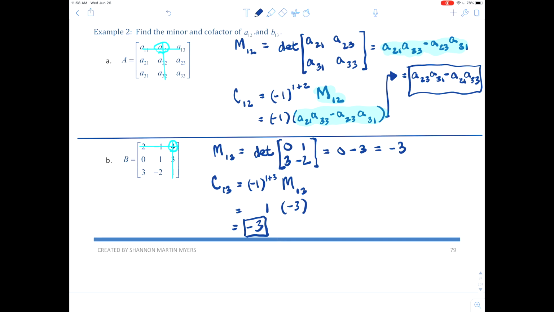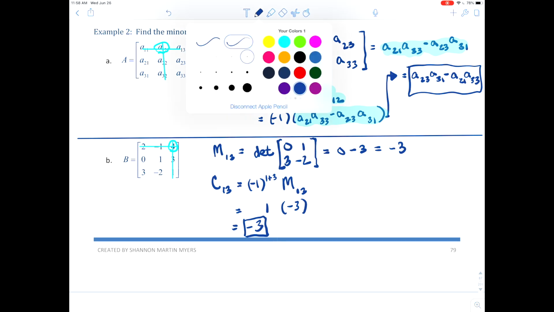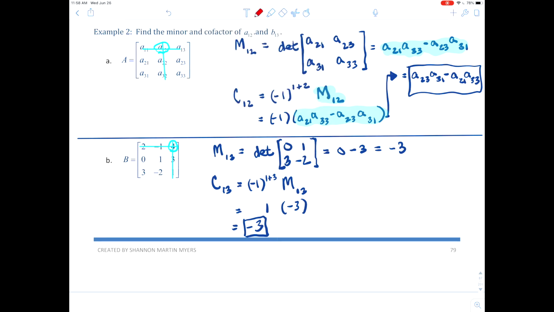When you add i and j, you're either going to get what? Beautiful, an odd number or an even number. So there is a shortcut to find the sign of your minor. And what that is, you can just start at the top left and go plus, minus, plus, because for B11, the sign for the cofactor would be -1 to the 1 plus 1. 1 plus 1 is 2.